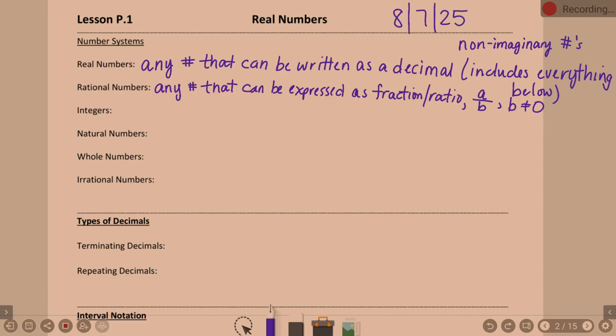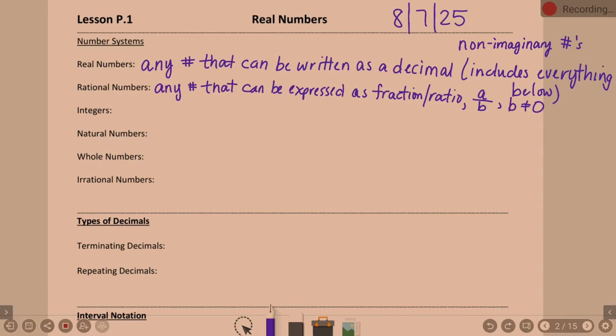What about integers? Are those the whole numbers? No, they can be negative. Partially. Like positive and negative whole numbers? There we go. Put it all together. Positive and negative whole numbers. So basically it's the whole numbers, 0, 1, 2, 3, 4, so on and so forth, but also their negative counterparts.